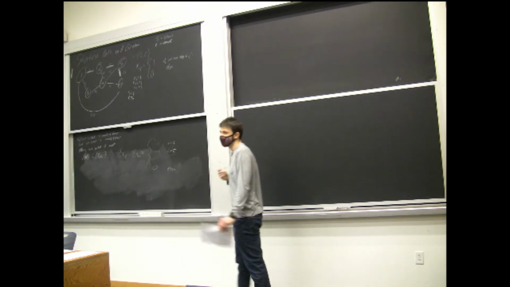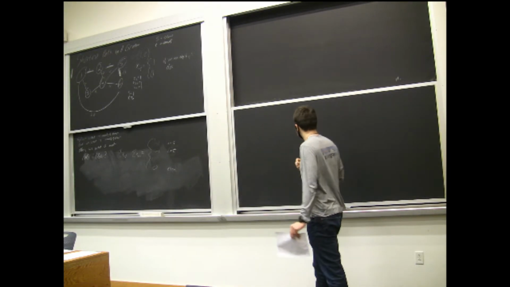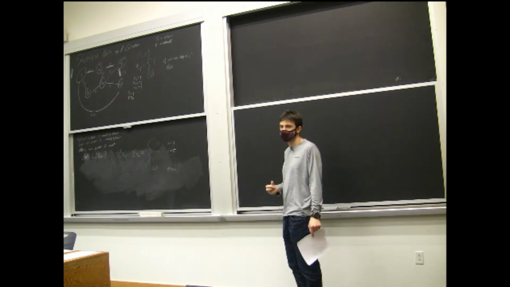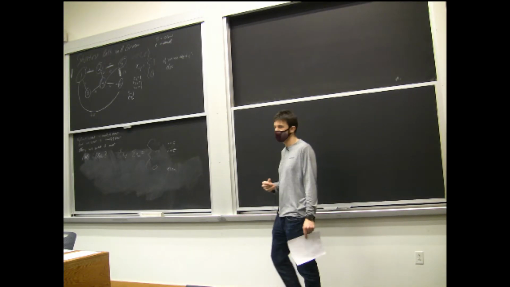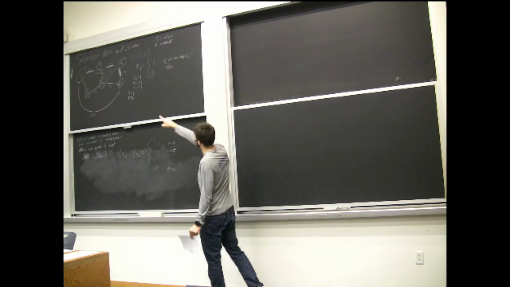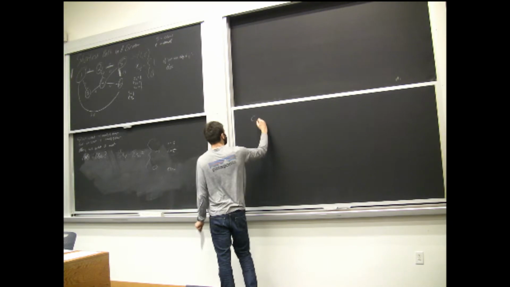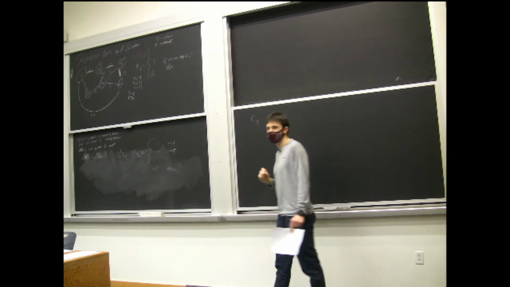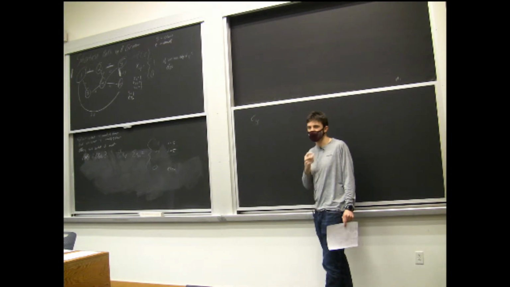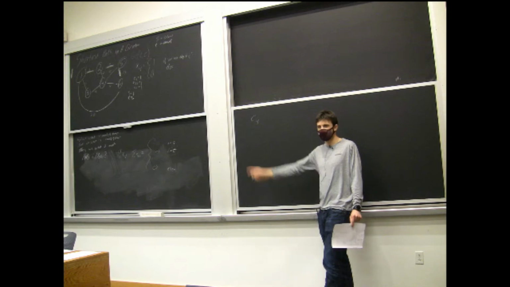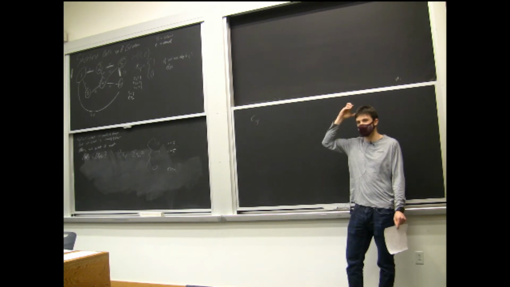What's the cost of my problem? If the weight of the edge, we'll call the edge weight Cij, what's the cost of the solution of my problem? Remember that Xij is either 1 or 0 here.